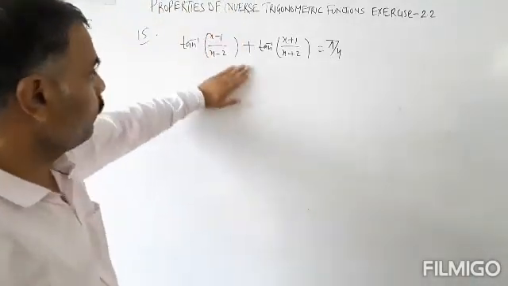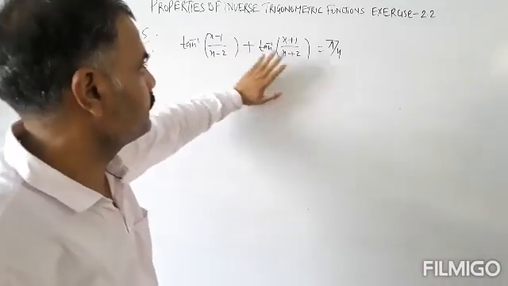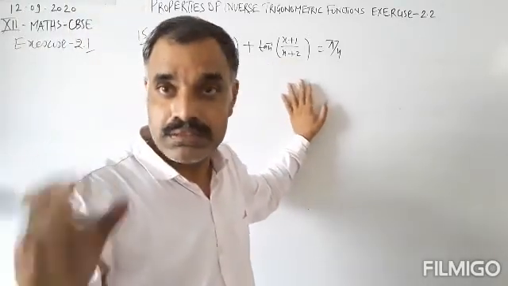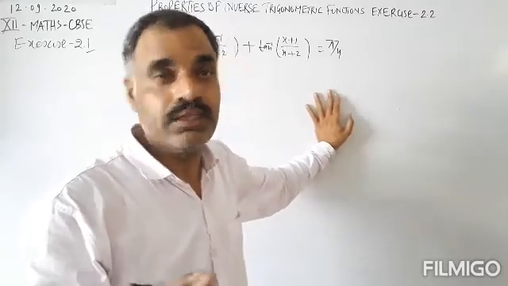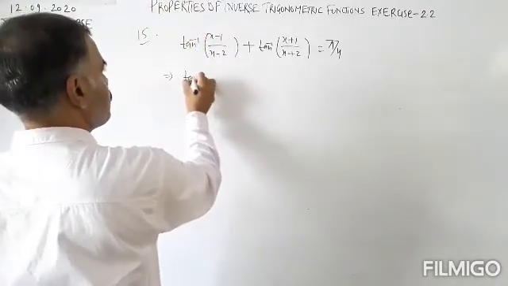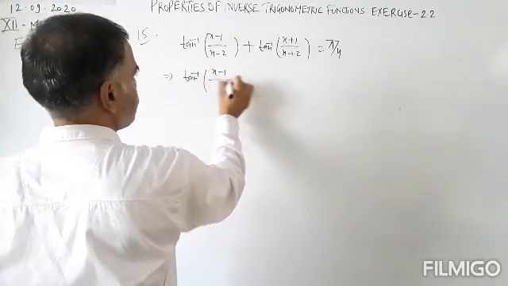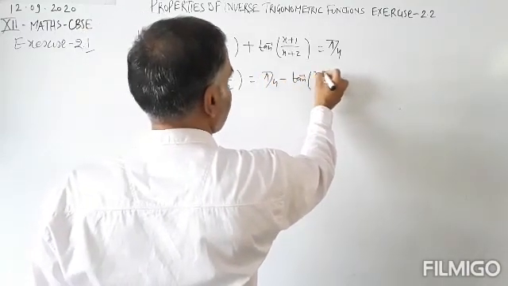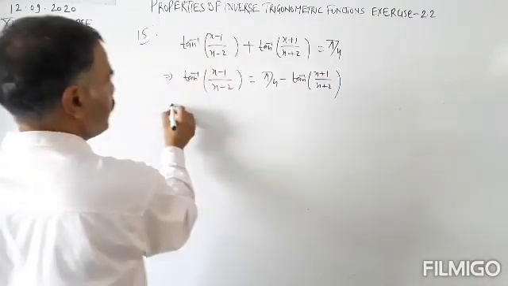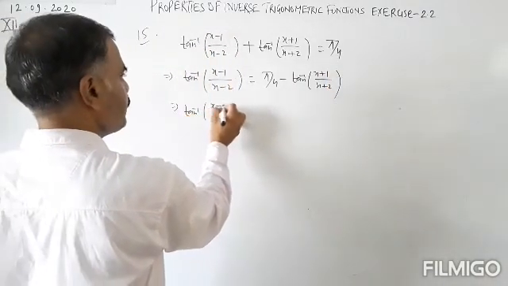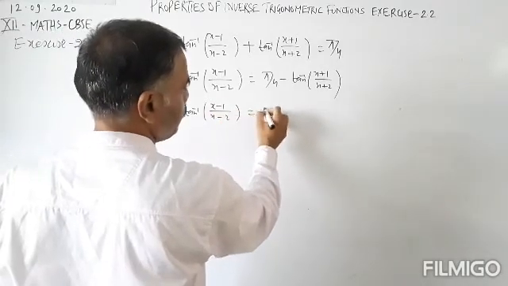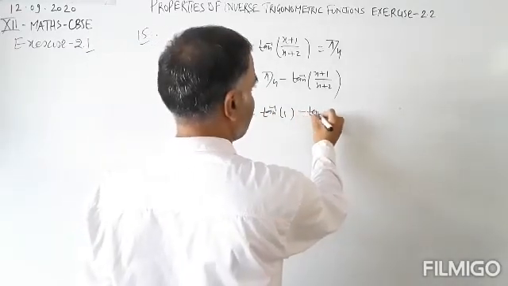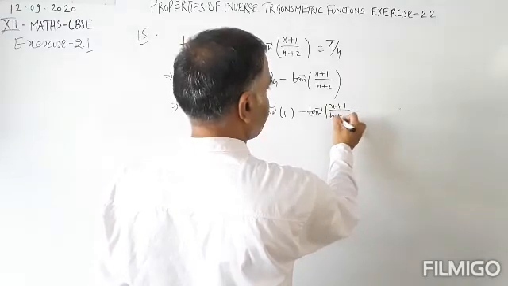Now this can be solved by using the trigonometric identity for tan inverse x plus tan inverse y. But simply we can solve this as tan inverse x minus 1 upon x minus 2 equals pi by 4 minus tan inverse x plus 1 upon x plus 2. Pi by 4 is tan inverse 1, so tan inverse 1 minus tan inverse x plus 1 upon x plus 2.